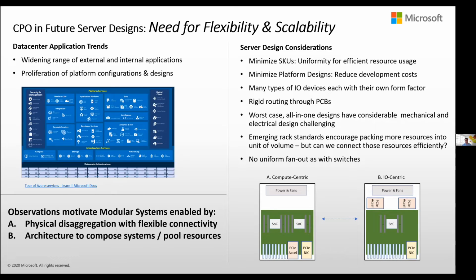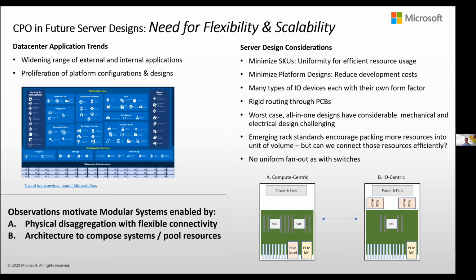The different types of I/O devices have their own form factors. We have PCI cards of various form factors. You have drives of various form factors that all want to get in and sit in the same board, in the same 1U box. These are all, again, challenges. The fixed and rigid routing that we need to design to in PCBs is another challenge.